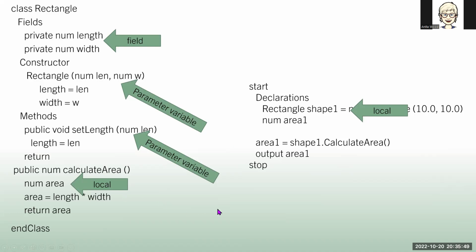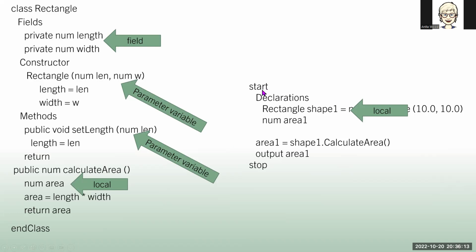All right, let's go over here. Here's my main method. Whatever I'm declaring inside here is also local. They're only available inside whatever's happening between the start and the stop.